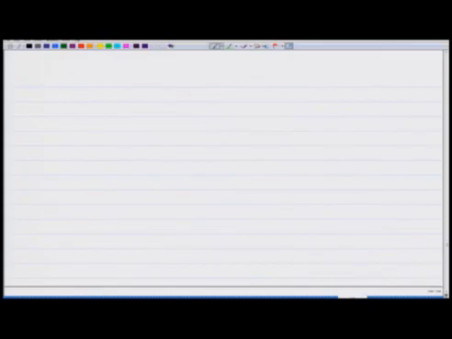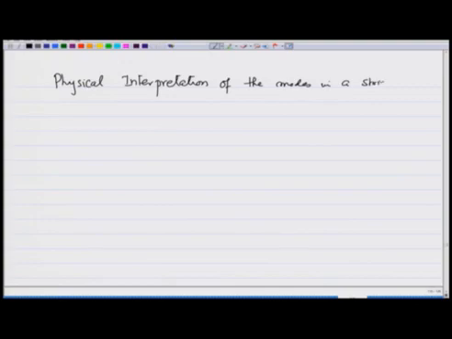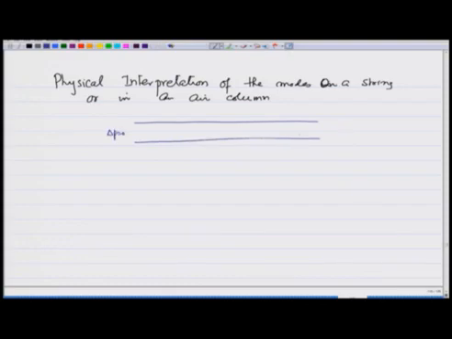Now, in the previous lecture I had also given you the physical interpretation of the modes in a string. In fact, I should write on a string or in an air column. It is exactly the same. Now, when I have this air column, the pressure is 0 at the ends and in between it varies.